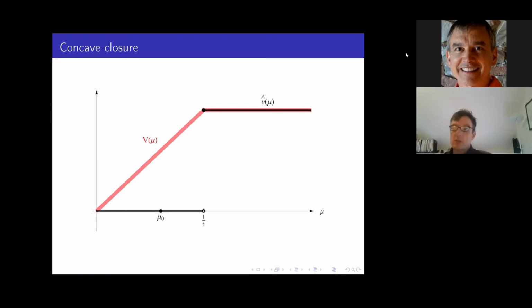So this concave closure gives us two things. It gives us A, the way in which we should create information structures, and B, it actually gives us the value that the sender can maximally obtain in this game between him and the receiver. And that second part is illustrated here.